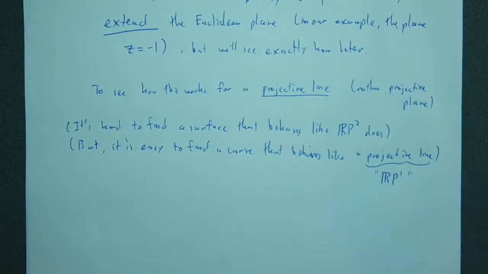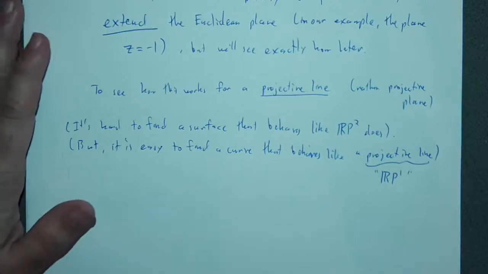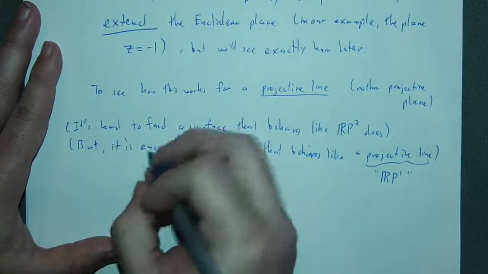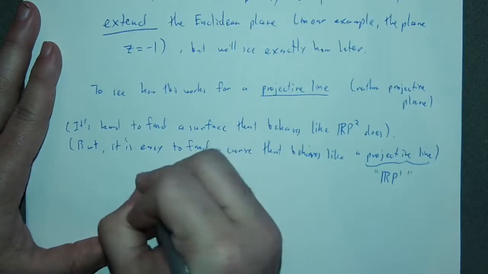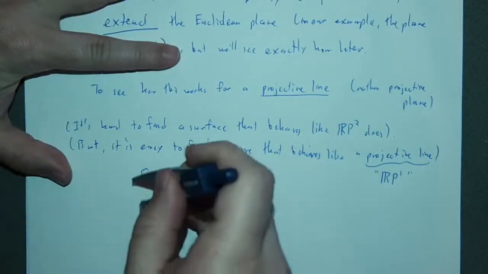So then what is our way of describing a projective line? Basically, the idea is that I have my origin O. Maybe I should use my compass again to make the picture look nice.